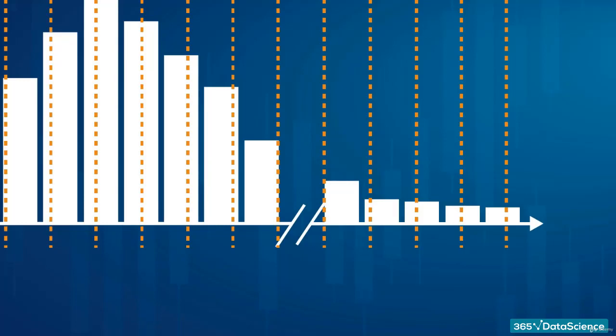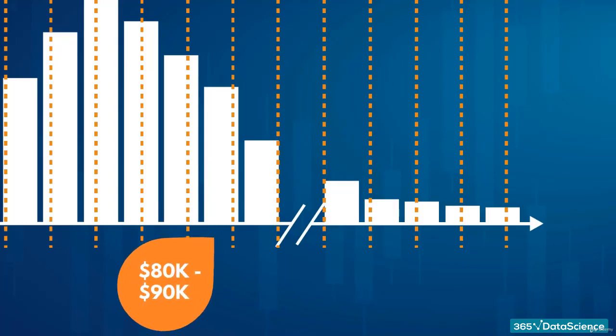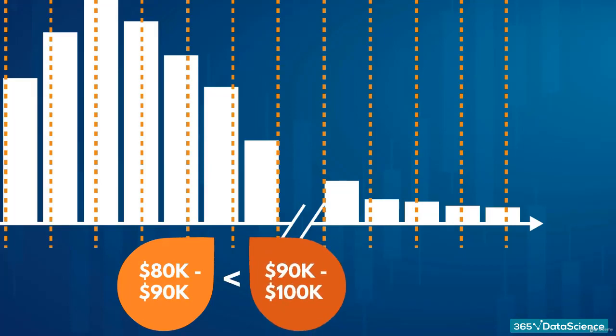For example, a category of annual income from $80,000 to $90,000 certainly includes lower annual incomes than a category of annual income from $90,000 to $100,000. That's why we will be ordering the continuous variables by their values, not by their weight of evidence.